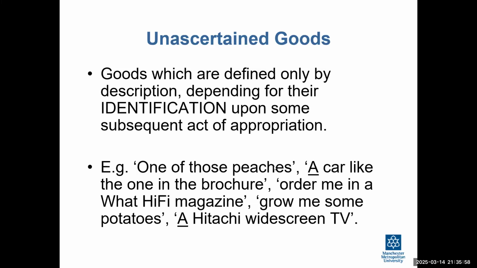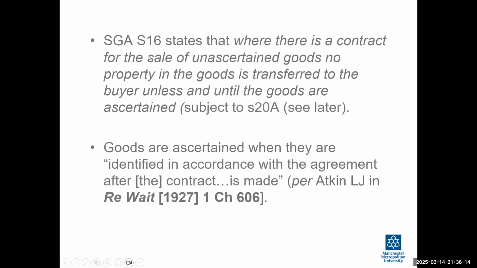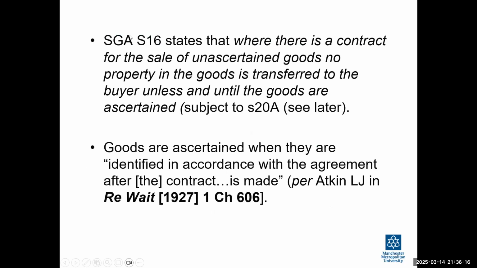Those are uncertain. So anything matching that product will do. And we're going to see the sense in distinguishing between specific and uncertain goods. I think the definition has been that goods that are not specific will more likely be uncertain.